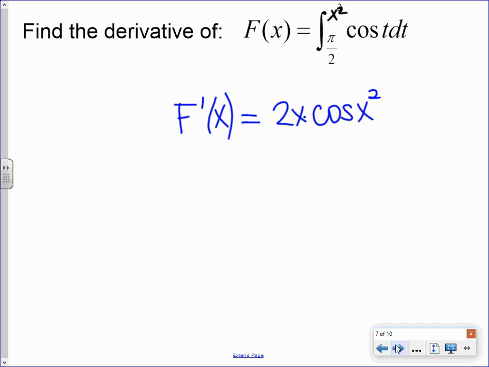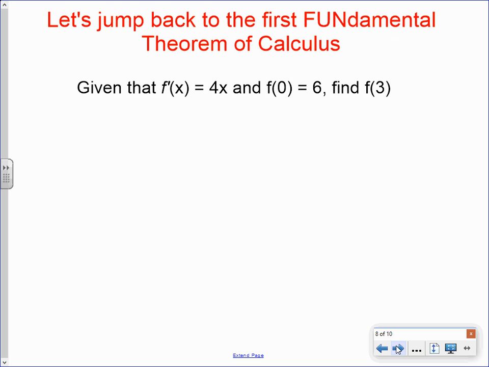Okay? Now, the worksheet is going to be based off of differentials with the fundamental theorem of calculus. What do I mean by that? Okay? Go ahead and write this down right here for me.